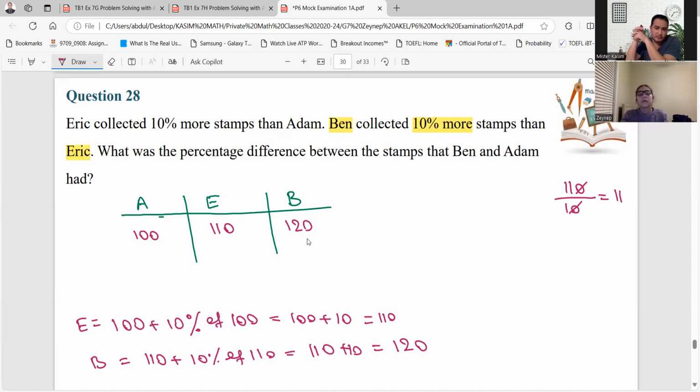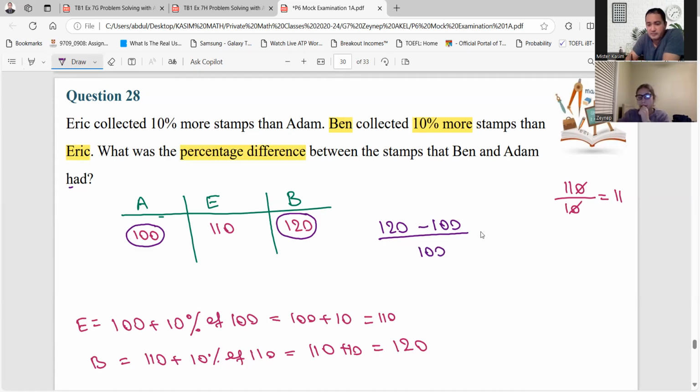And now in the question, what was the percentage difference between the stamps that Ben and Adam collected? So we are talking about these two guys, Adam and Ben. To find the percentage difference, Zeynep, we have to find the difference, Ben minus Adam, and divide by, we are calculating this based on Adam's stamps, right?